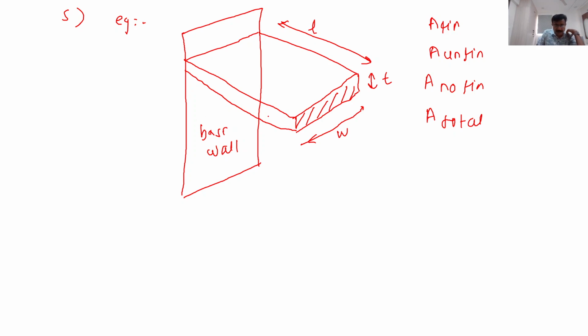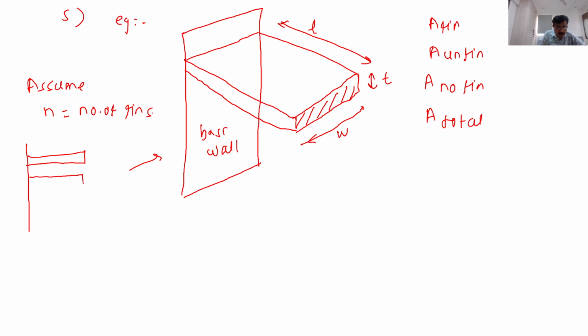For example, in this case I have shown only one fin. So assume there are n number of fins. In the figure I have shown for simplicity only one fin, but remember on this vertical wall there are number of fins arranged one above each other. So if I want to see the side view of this wall, how it looks? This is one fin, what is shown in the diagram.